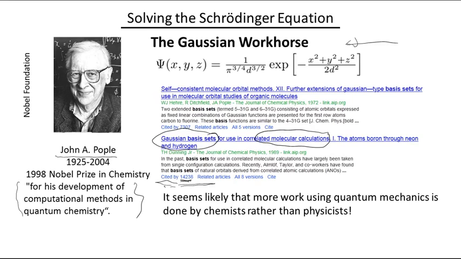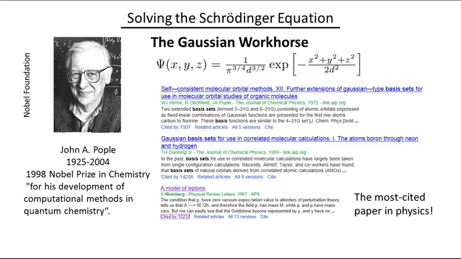Over 14,000 citations of this article, and you can compare that to what, at least as of a year ago, was the most cited paper in physics, probably still is, the paper that articulated the standard model. There are probably many more chemists using these types of approaches in a large-scale way than there are physicists.